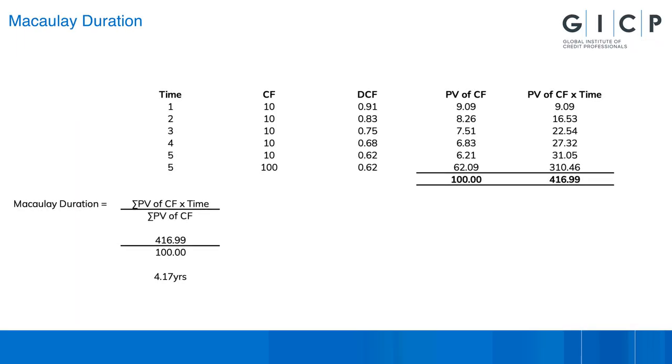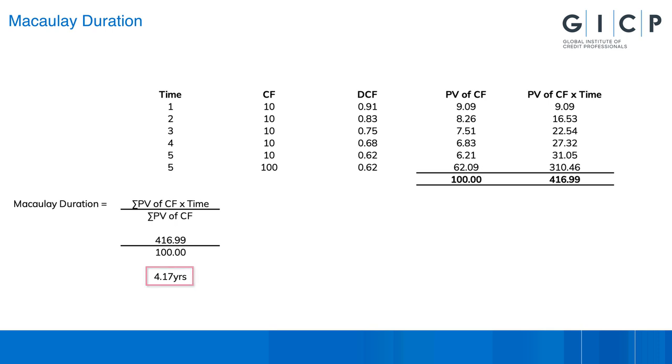To keep things simple, we will use the same numbers as for the original bond valuation. A yield of 10%, a coupon of 10, and a maturity of 5 years. Using these values, we return a Macaulay duration of 4.17 years.